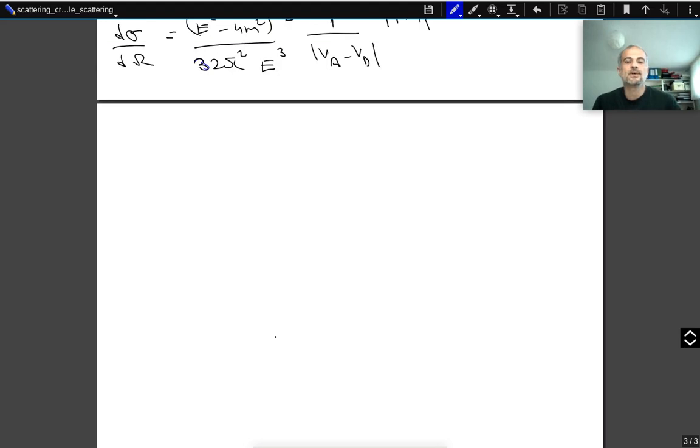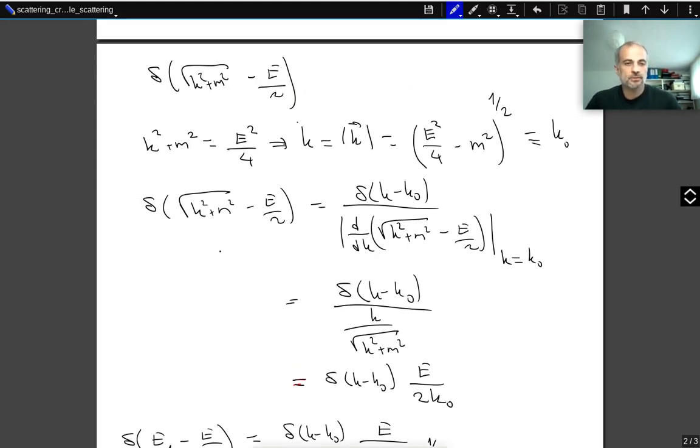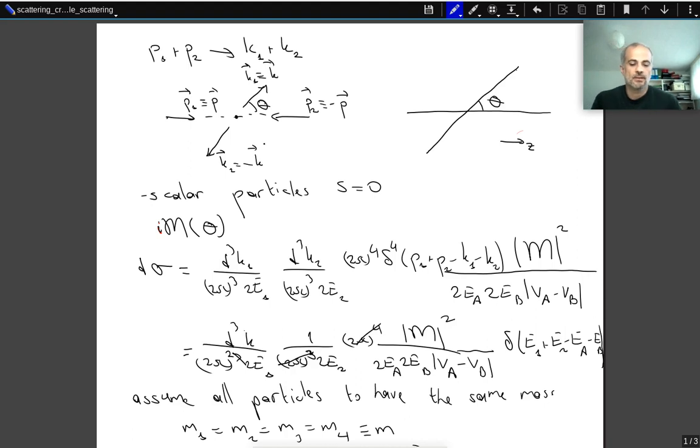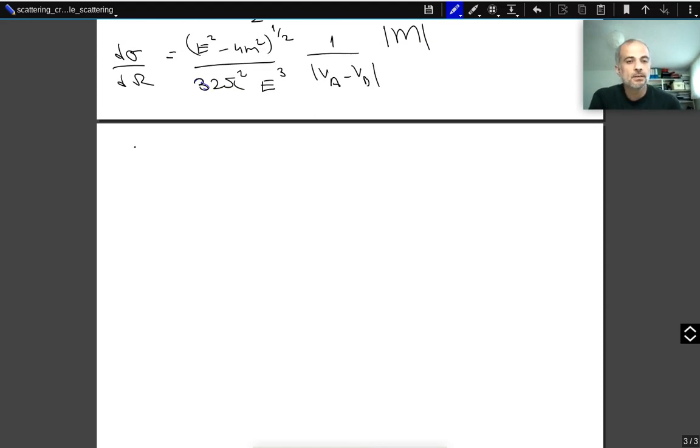Let's also simplify this va minus vb. Now, if you go back to our picture, you see here we have two particles having the same 3 momenta. They also have the same mass, so they have the same energy. So va and vb, in terms of their magnitude, they are equal, but just pointing in opposite directions. So if we go back, we have va minus vb.